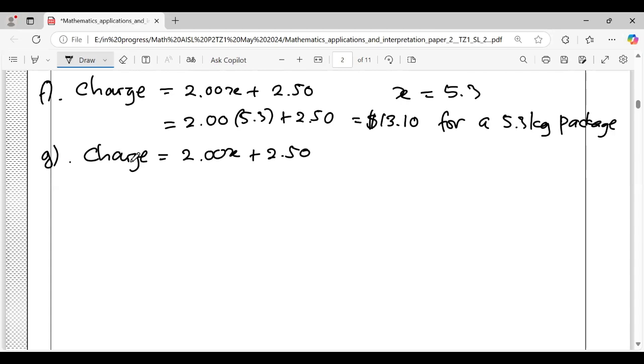Substitute into this equation: 7.20 equals 2.00x plus 2.50, right?